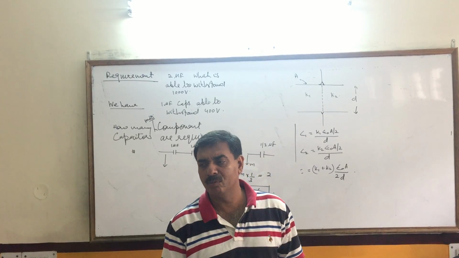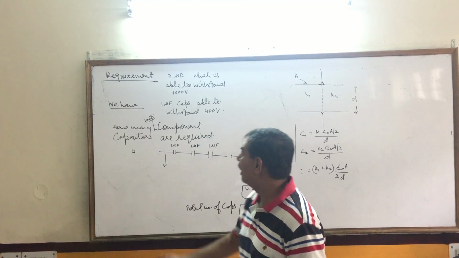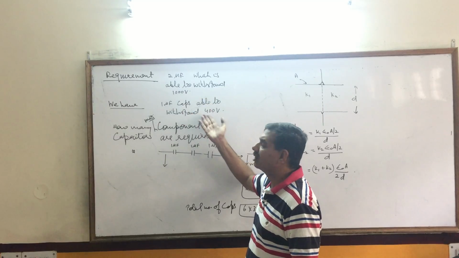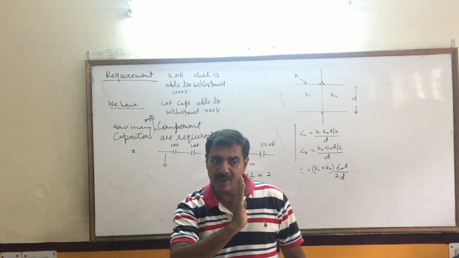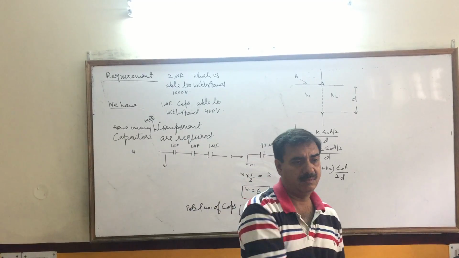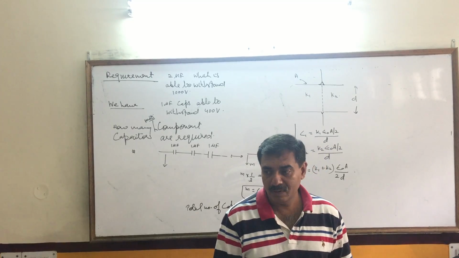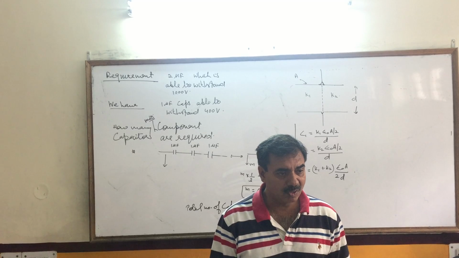The first thing that comes to mind is put the 2 in parallel, sir. That becomes 2 microfarad. But 2 microfarad across 1000 volts is going to burst. Therefore, we must first devise an arrangement of capacitors in series. We must put 3 capacitors in series.